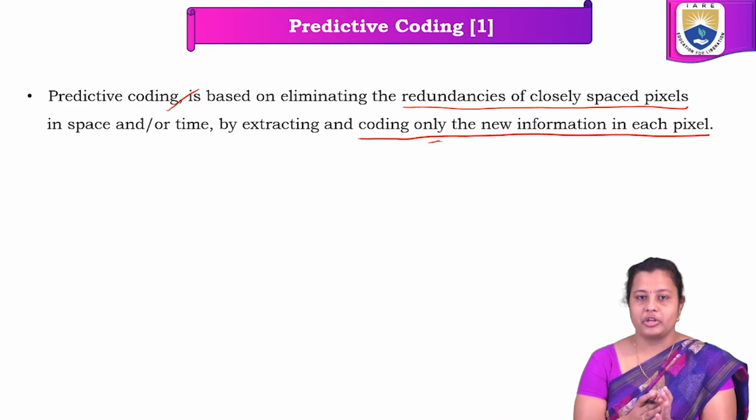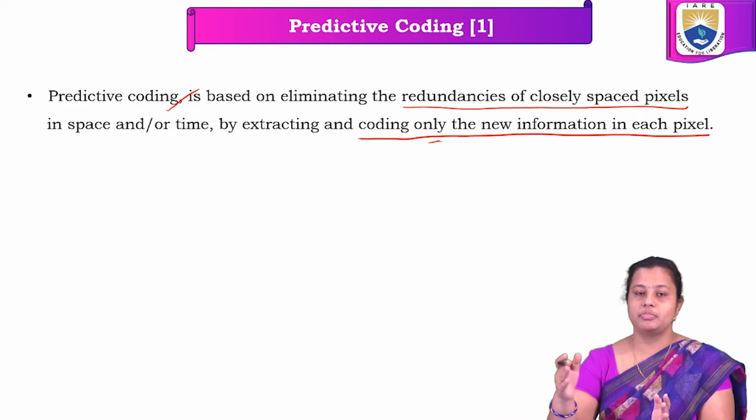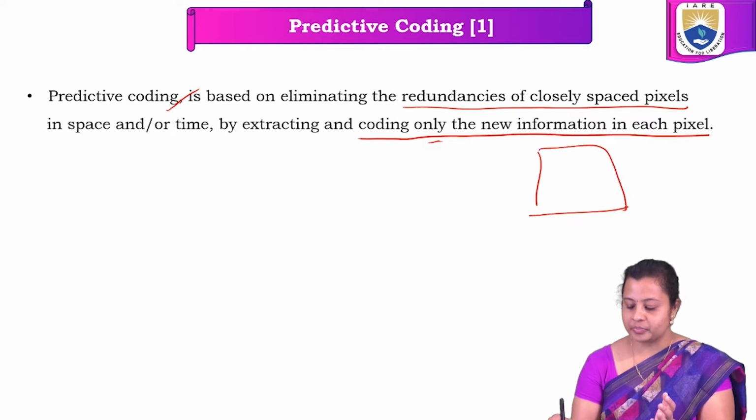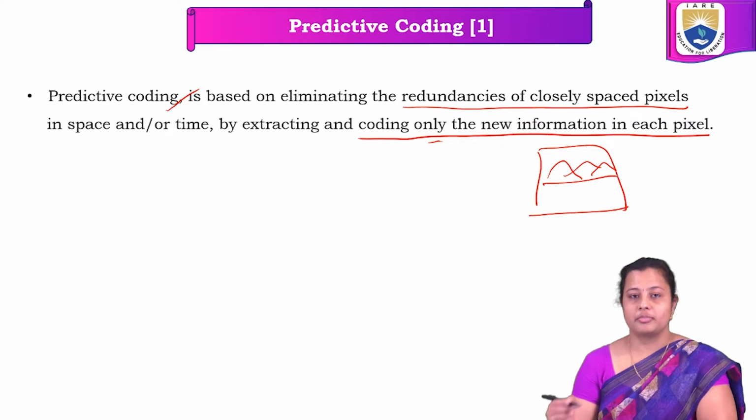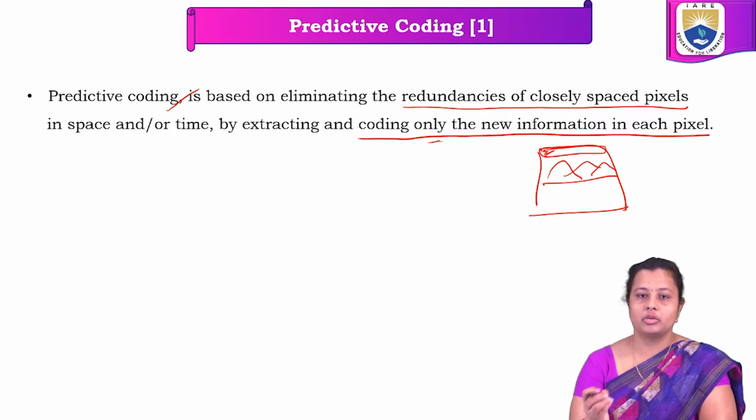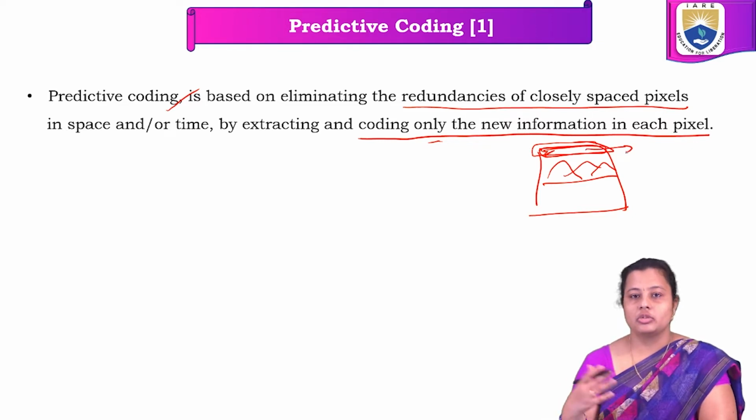Say suppose we have an image with a continuous background, like a scenery with mountains. If we observe the sky here, it is continuous and constant. There is only a very slight difference, maybe in color, or the intensity values differ by a very minute amount. This can be called redundancy. If there is a small difference and we code it, we are using a lot of information.